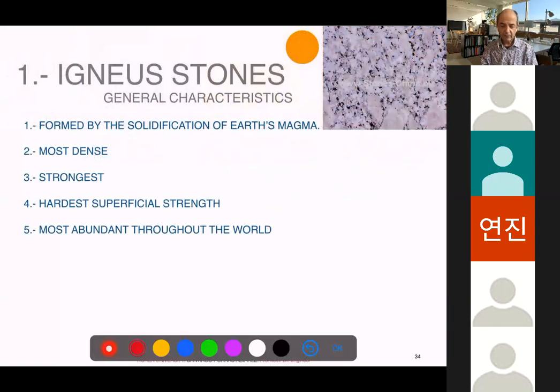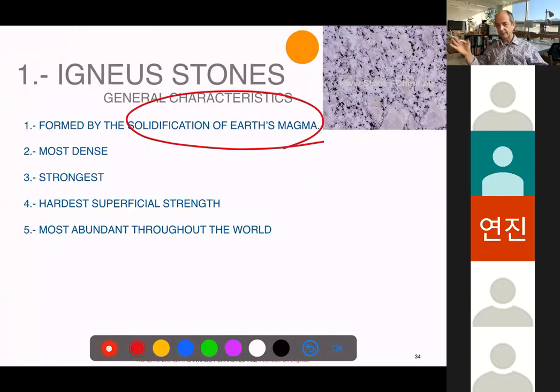So in general, igneous is the solidification of earth magma. This is a huge family, right? And we are not distinguishing subfamilies. Just enough to say that. Because magma is fluid and becomes solid, those stones are very dense, are very strong because they are perfect in formation.